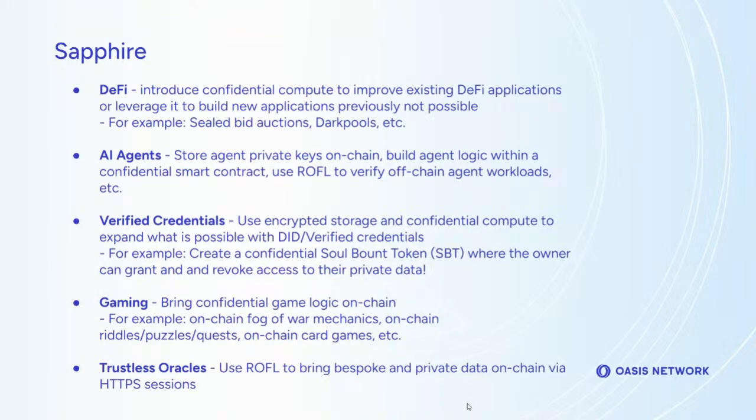So what are some use cases? DeFi. Introduce confidential compute to improve existing DeFi applications. For example, dark pools are something that don't exist in Web3 yet, really. Whereas in the Web 2 or the traditional finance world, dark pools are leveraged for billions of dollars every day. I don't know if it counts as DeFi, but sealed bid auctions, right?